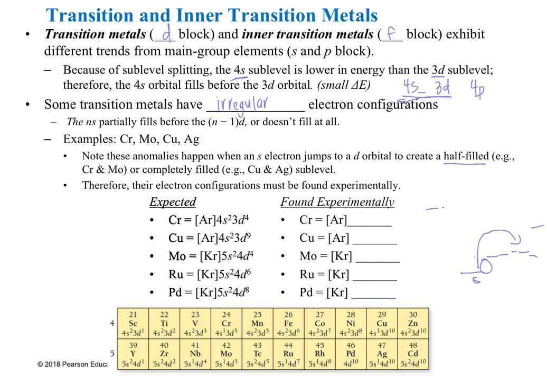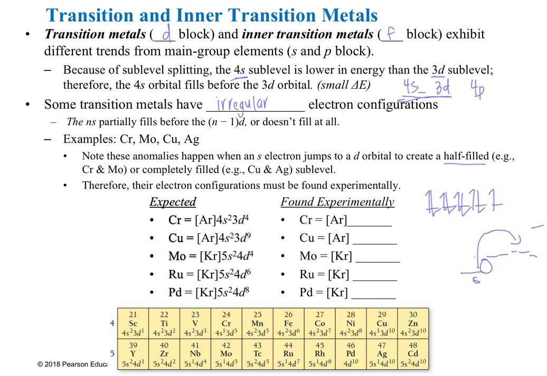So if we think about our d orbitals, if they have 1, 2, 3, 4, they're so close to being completely half filled or being completely almost filled. So if we have something that has 9 electrons, so d9, look, it's only 1 away from being completely filled.